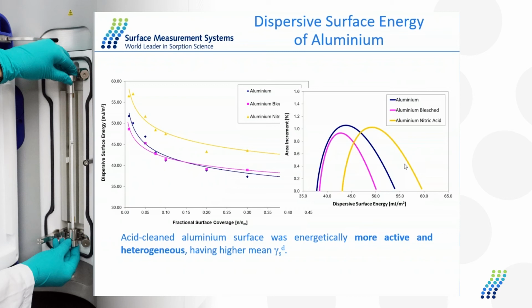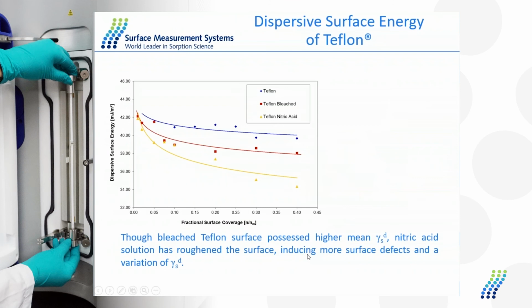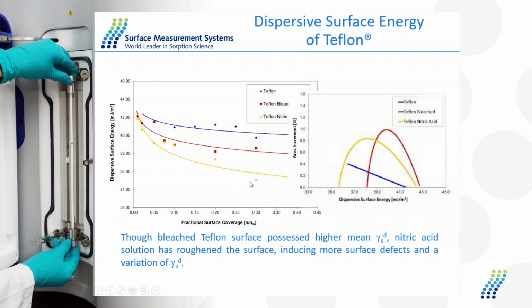Same thing for a Teflon surface. We took the Teflon surface, we bleached it, and then treated it with nitric acid. And we made it from an energetically homogeneous surface to an energetically heterogeneous surface.